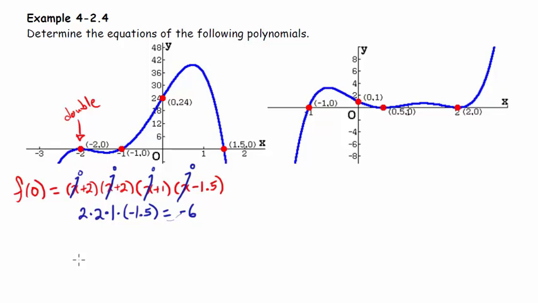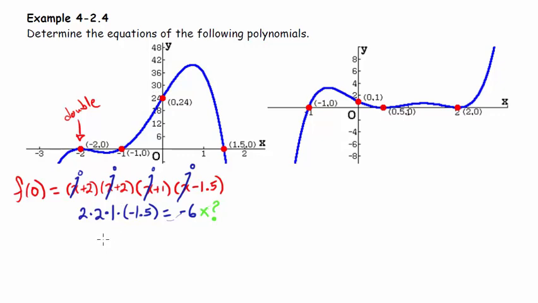Alright, that is not what we wanted. We wanted 24 up here. So what could I multiply -6 by that would give me a y-intercept of positive 24?